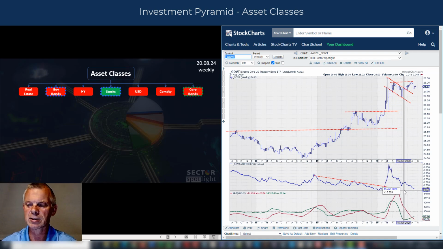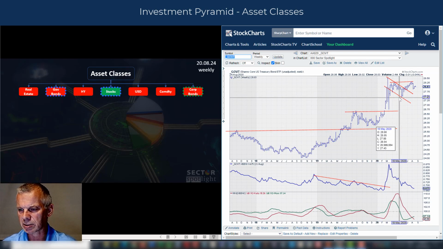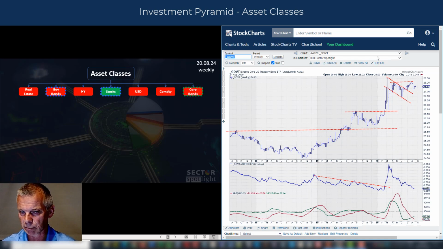The relative strength is weakening again. With a little fantasy, you could see this turning into a double top, which would be really negative for bonds and lead to higher yields. So the comparison between stocks and bonds is now, I think, definitely back in favor of stocks. The hesitation looks like it's gone now. So stocks back to outperform, bonds to underperform.